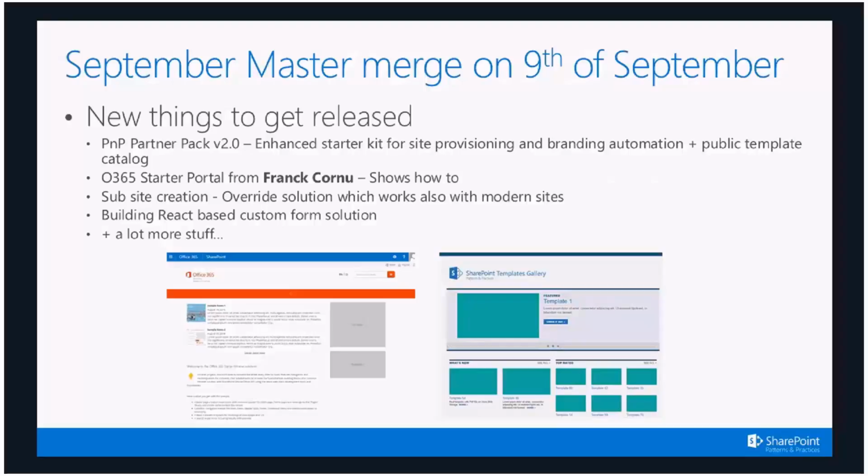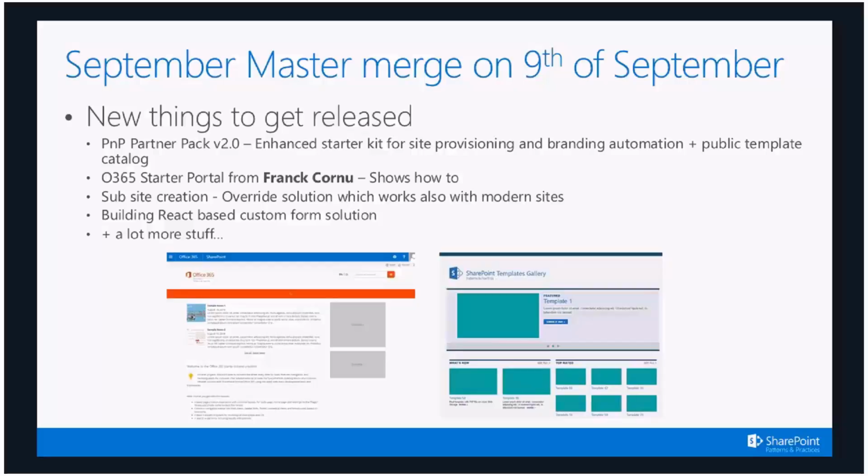There's a lot of other stuff being released as well. The PnP partner pack 2.0, which is an enhanced starter kit to start developing solutions on top of SharePoint Online or Office 365, is going to be released this Friday or during the weekend. The Office 365 Starter Portal from Frank Cornu is an awesome solution.